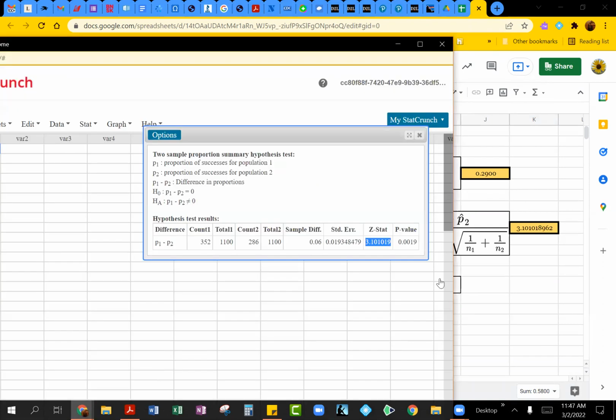That's the sample difference. Standard error, which we didn't really calculate, then your Z value, and then your P value. And you will see some examples where they have you working with this P value also. So you actually get to calculate that P value if you use StatCrunch.